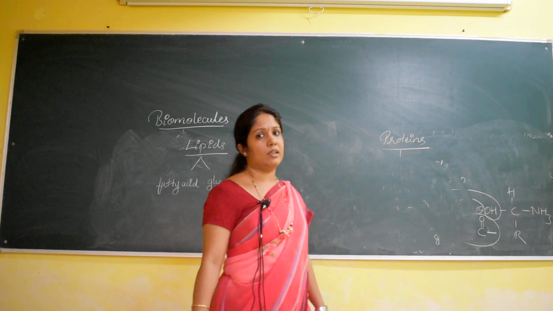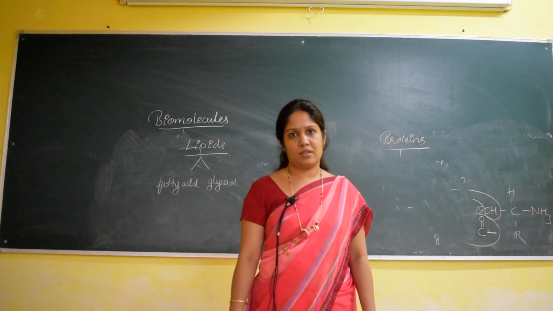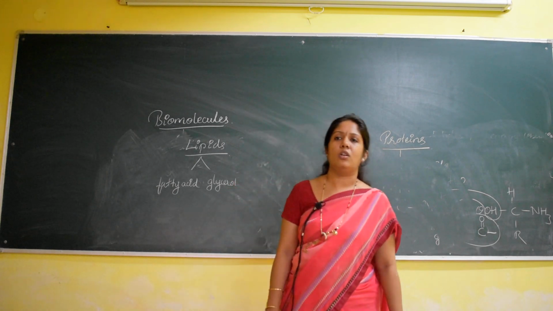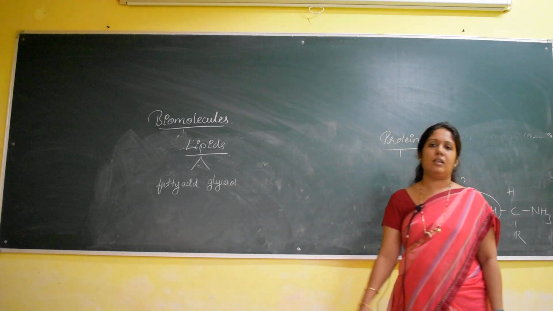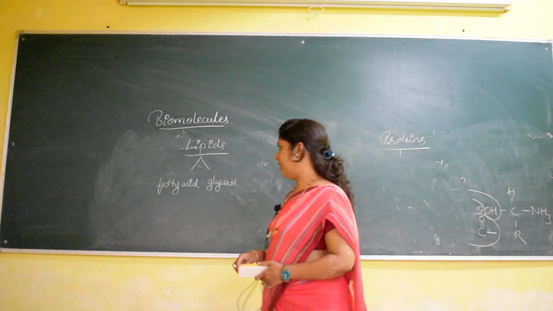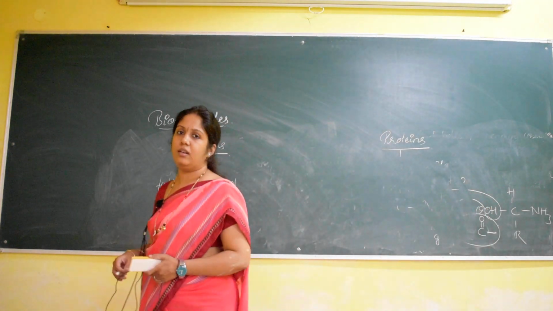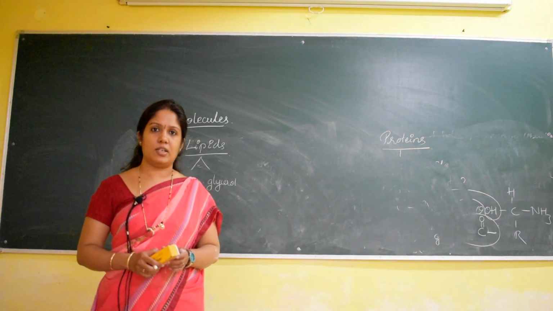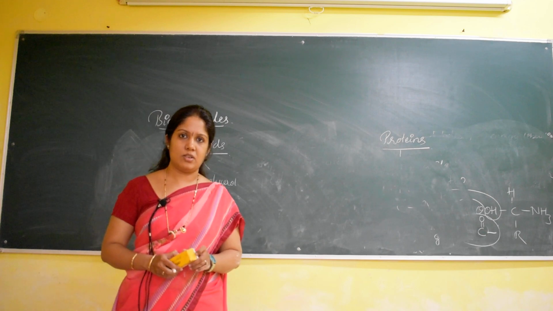Is it clear? Fatty acid and glycerol together form a lipid, and the lipid is further classified into oils and fats. We are going to study that in detail in the next class. Understood? Thank you.